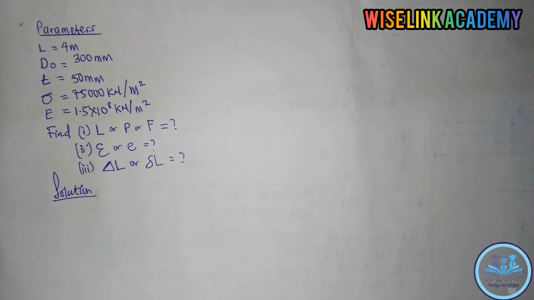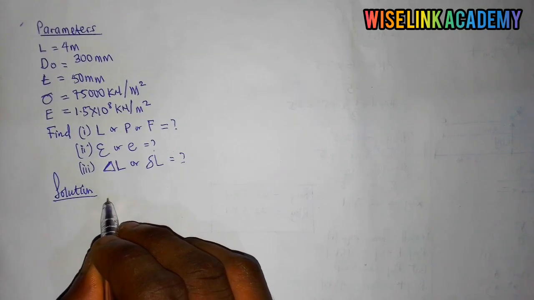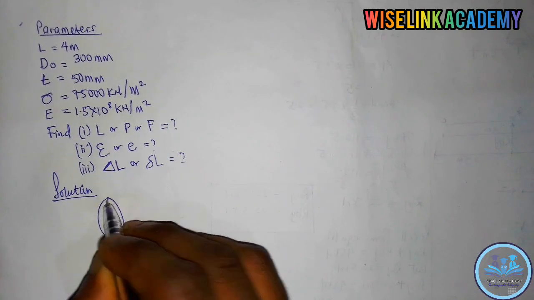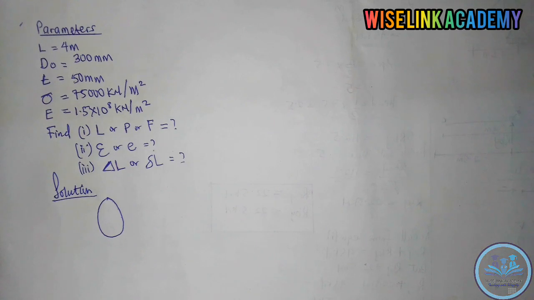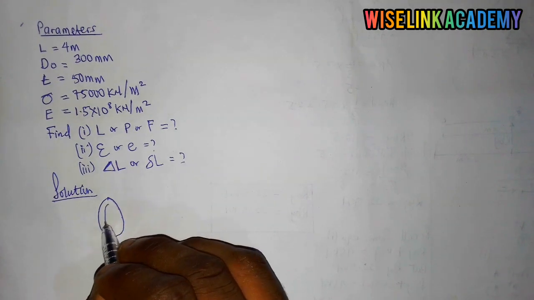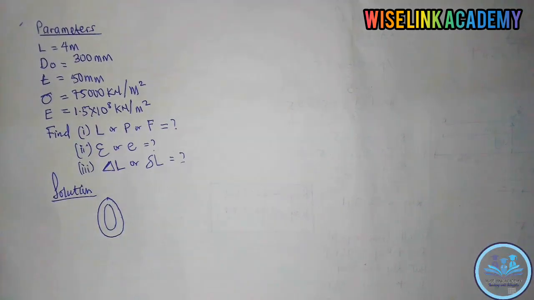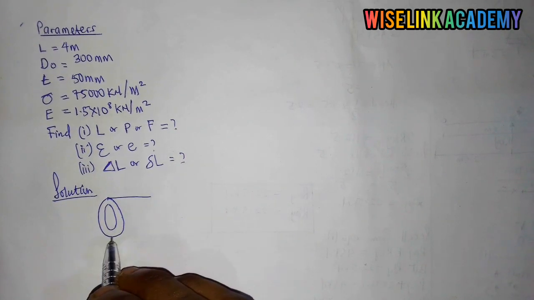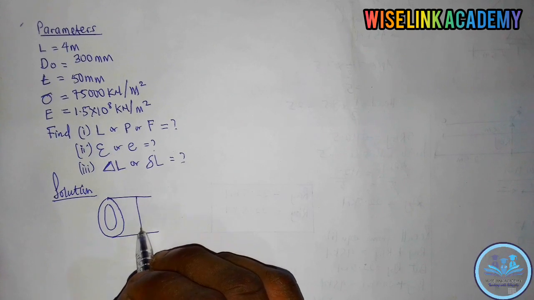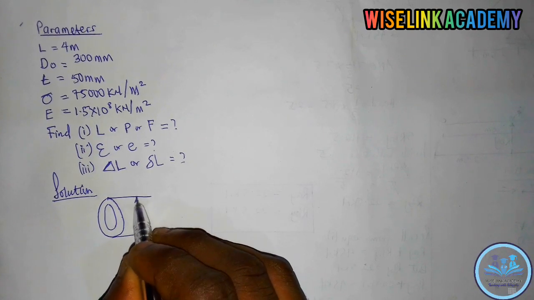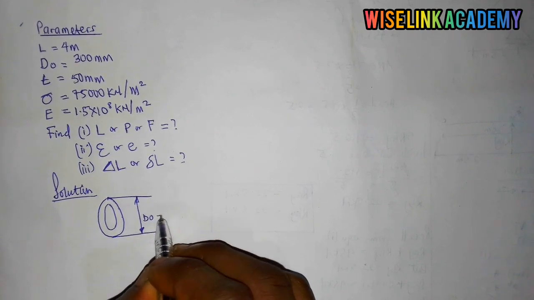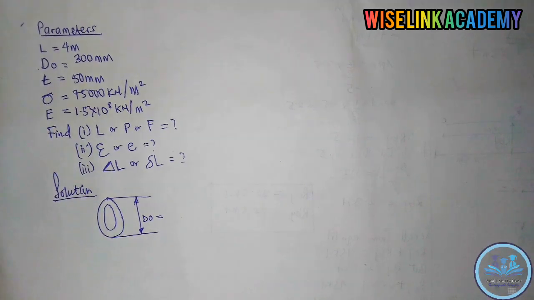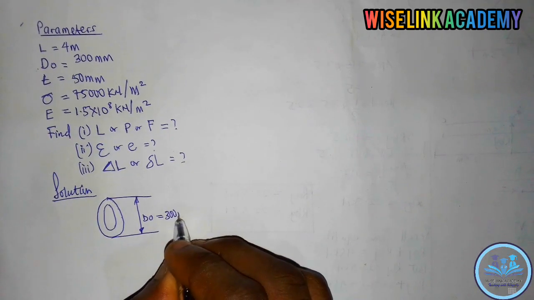The first thing to do is to draw out your own hollow cast iron. Let me assume this is my hollow cast iron. From here to here is my D outer, which is given as 300 millimeter.